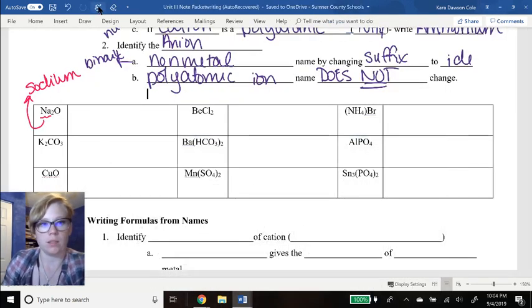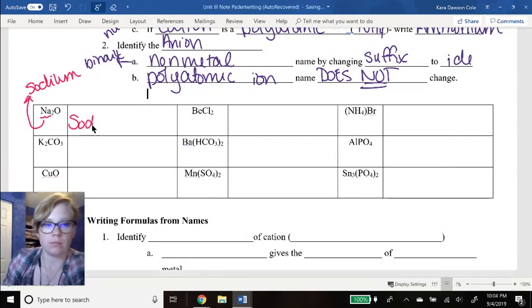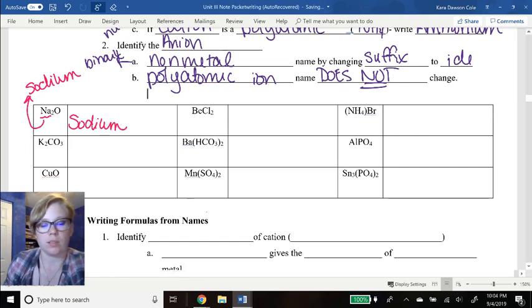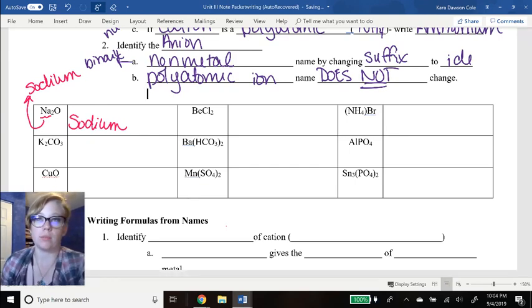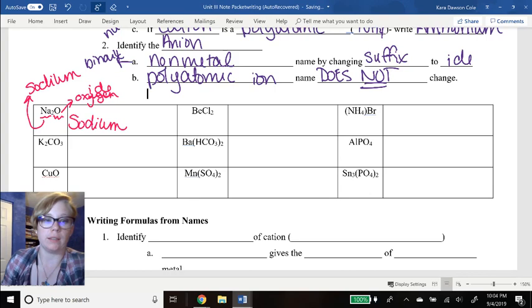So I've got sodium, and that's a metal, so I'm going to write sodium. Sodium is a group 1 metal, so I don't have to do anything special to it. I would have to do something special to a transition metal. And then I have O, which is oxygen, and this guy is going to change its ending to -ide. So this is sodium oxide.